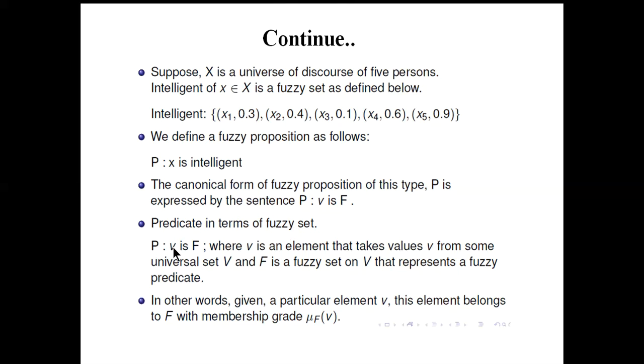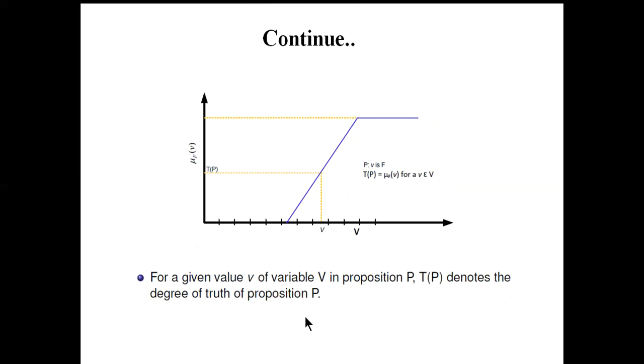So P: V is F, where V is an element that takes values from some universal set capital V, and F is a fuzzy set on capital V that represents a fuzzy predicate. In other words, given a predicate element V, this element belongs to fuzzy set F with membership grade mu F (V). Let's explain with the graphical representation.